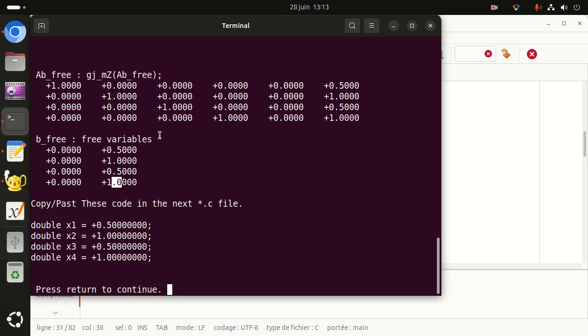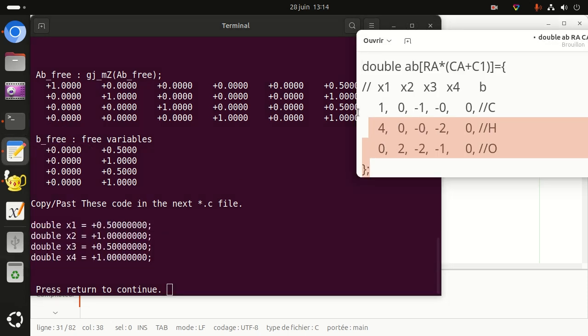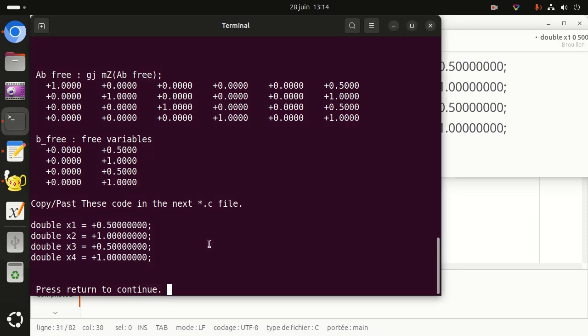And now I copy the variable into x1, x2, x3, x4. Now copy and paste this code in the next C file. I copy this value and I go to the next file.